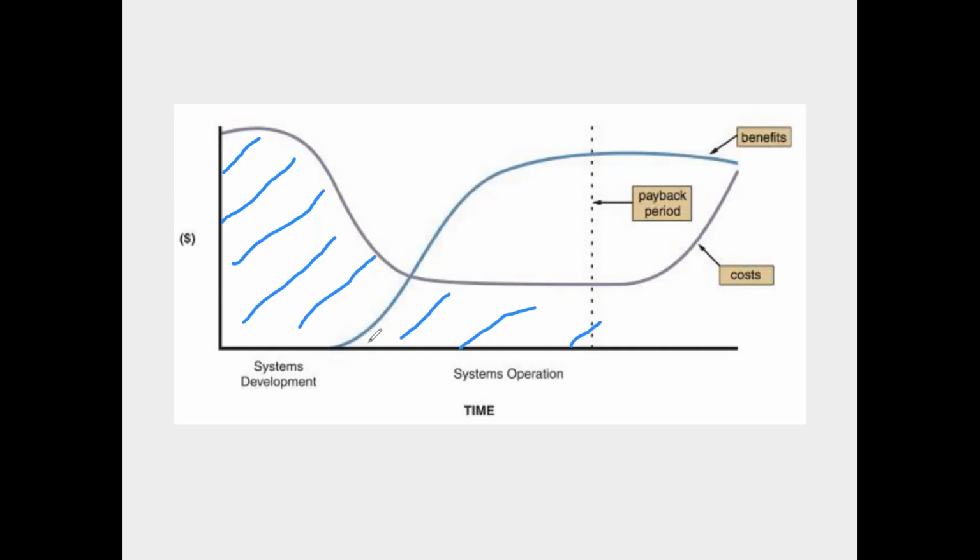And the areas that we have drawn in blue and red, you can see the area should be matched. When the areas match, we say it's the payback period. So you have to calculate both, and then you can find the payback period.